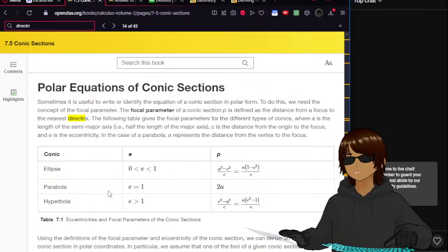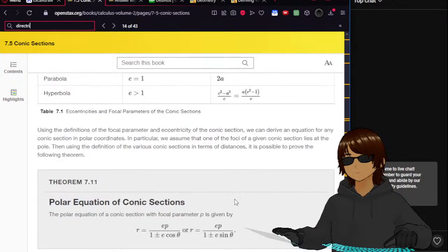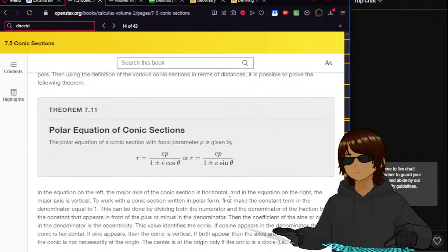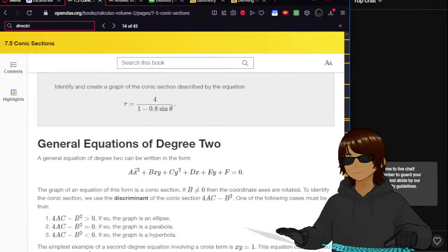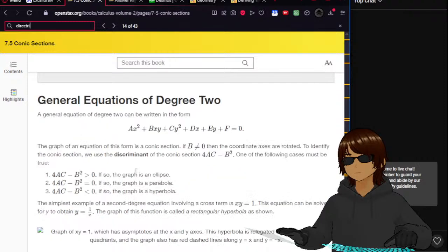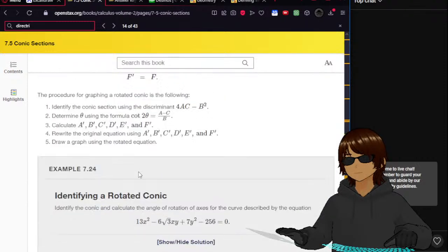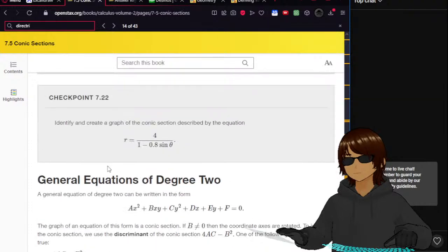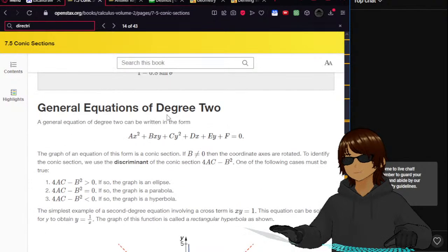Polar equations of conic sections. So the ellipse is this. The parabola is this. The hyperbola is this. General equations of degree 2. The graph of the equation of this form is a conic section.